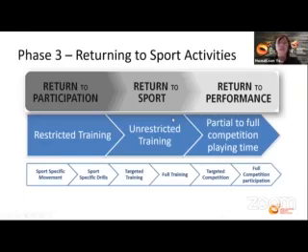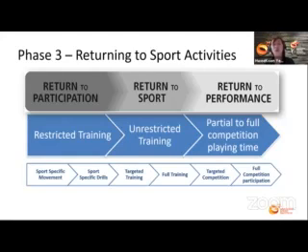Okay, so if we have met all goals, or we start to meet more milestones and goals within phase 2, that's where we start to prepare our athletes to go into phase 3 of their recovery.